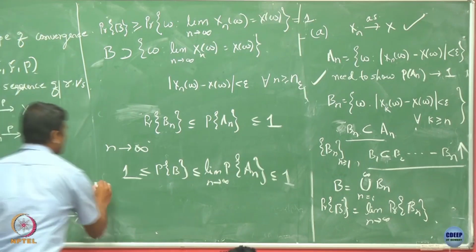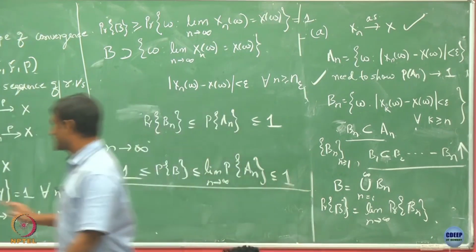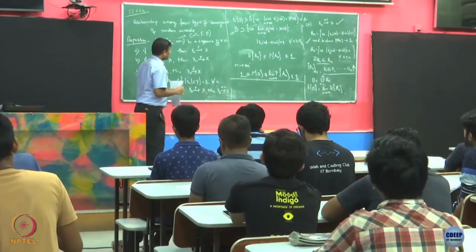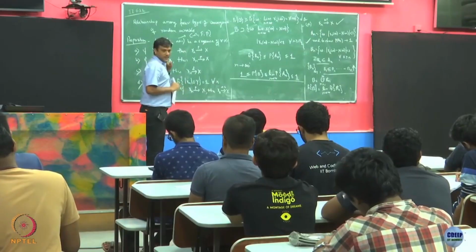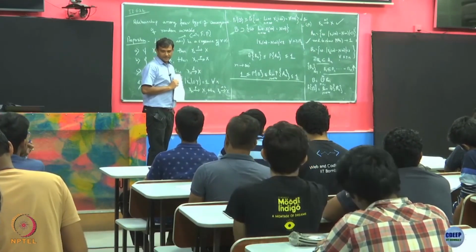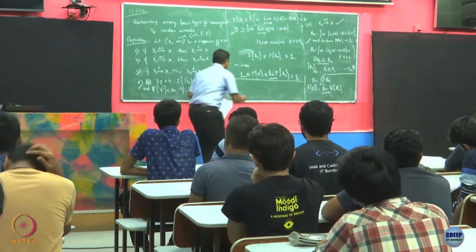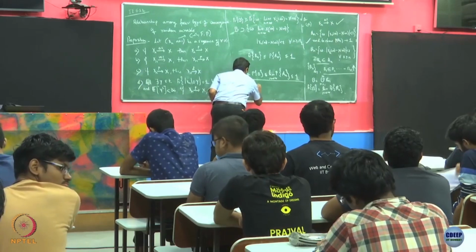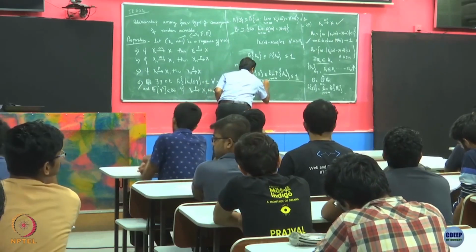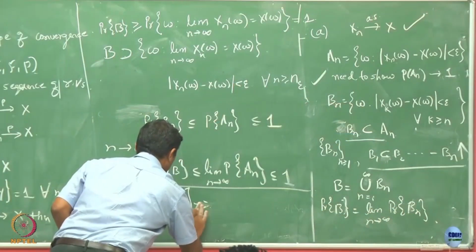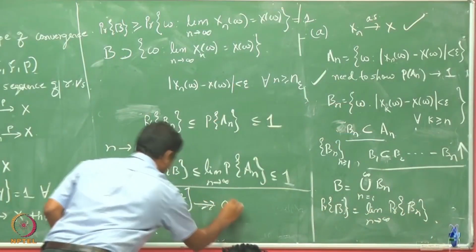Let's quickly discuss this part also, this is going to be slightly easier. Now suppose we assume xn converges to x in the mean squared sense. What does that mean? I know that the expectation of the squared difference goes to 0, right?